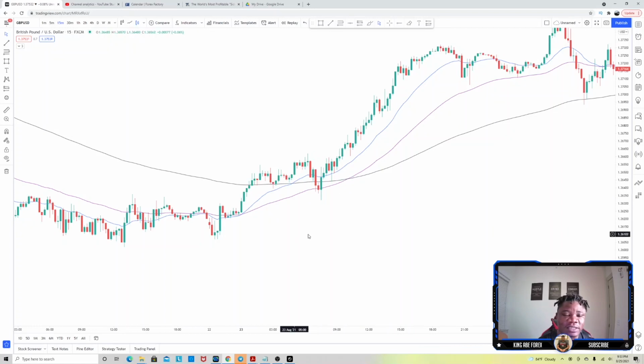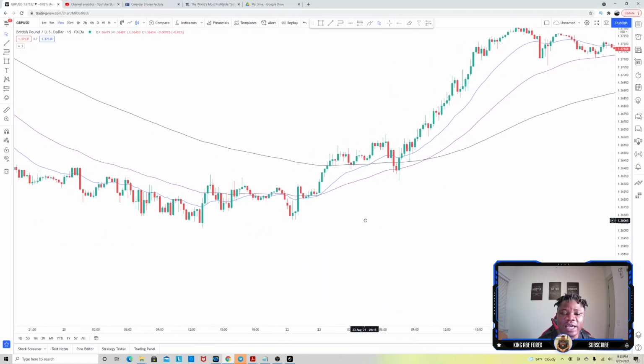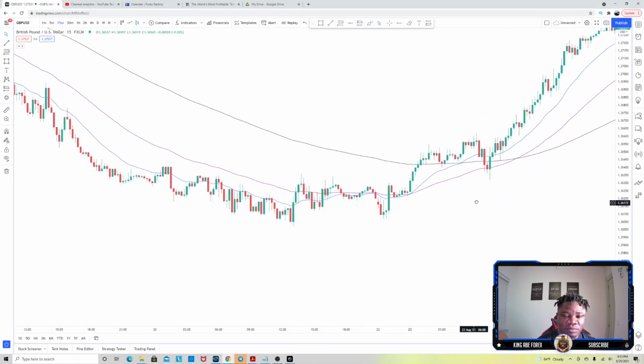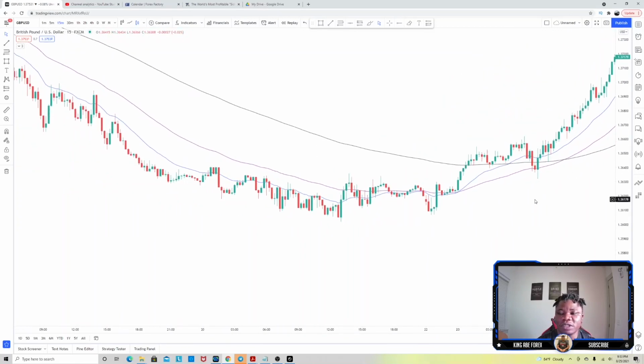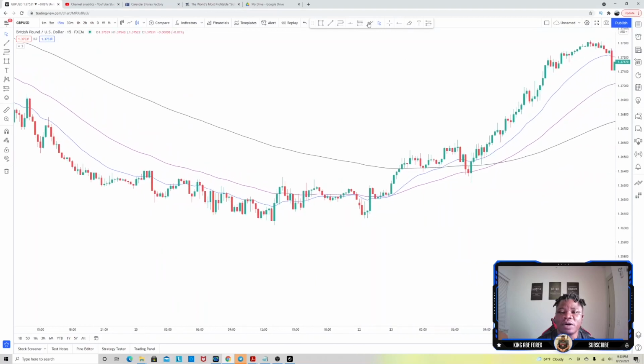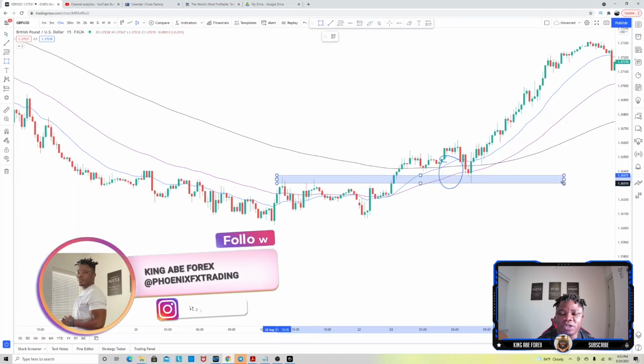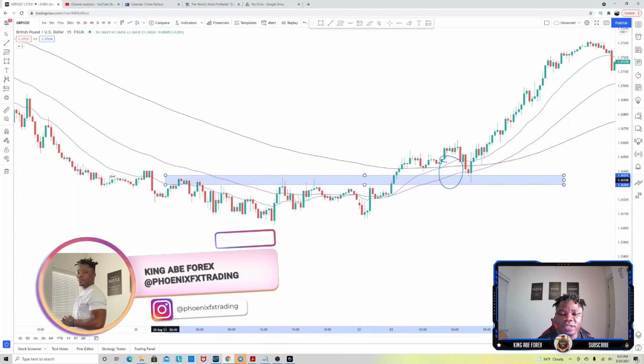If you take a look here to the left hand side, we can see that we have price above the 3 EMAs right over here, and price broke our resistance right over here, as you guys can see.